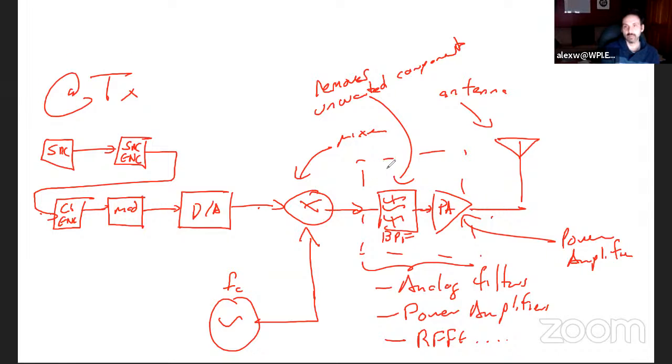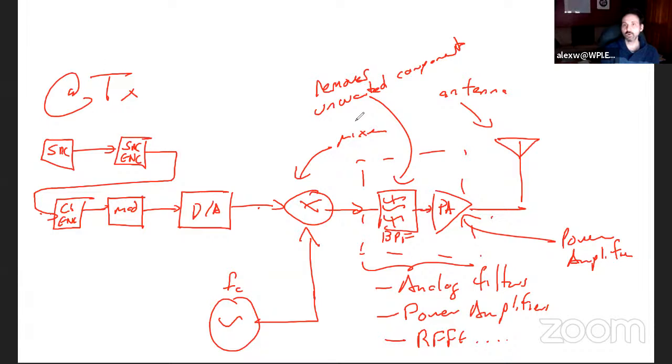We also saw the superheterodyne transceiver design, about how we can upconvert in multiple stages, and also the same for down conversion. Again, super idealized. But very importantly, at every stage, after you digitize, your signal is now an analog signal.